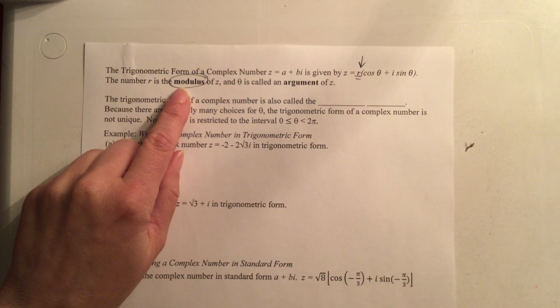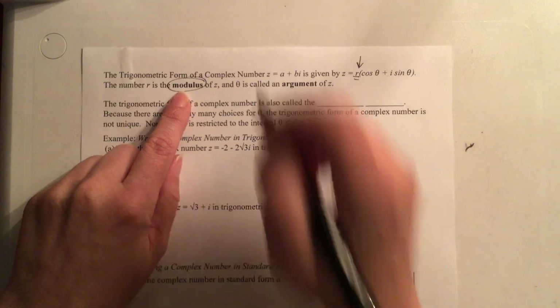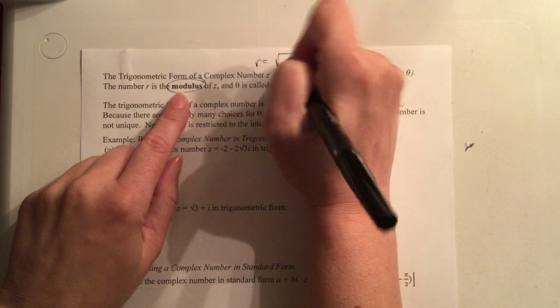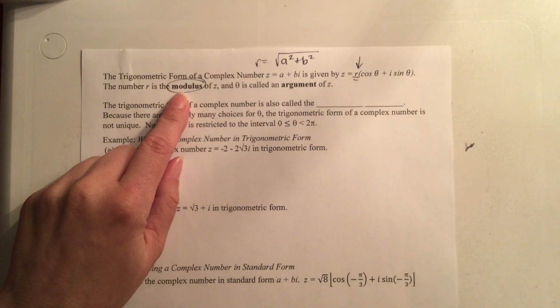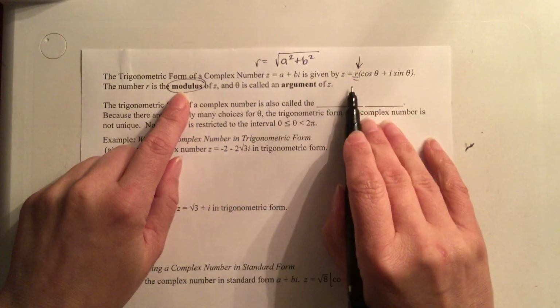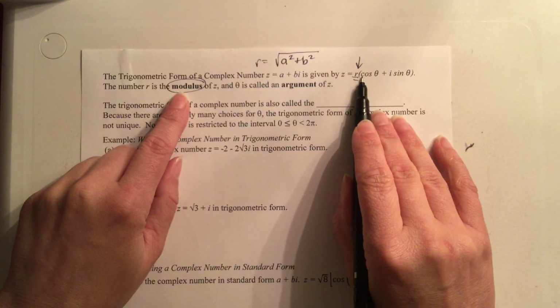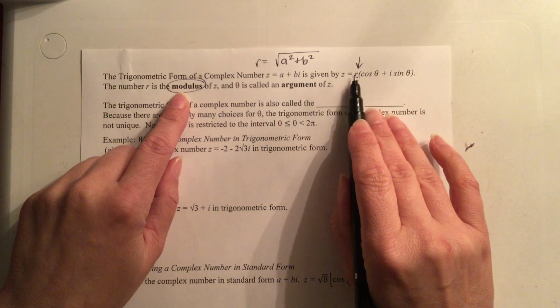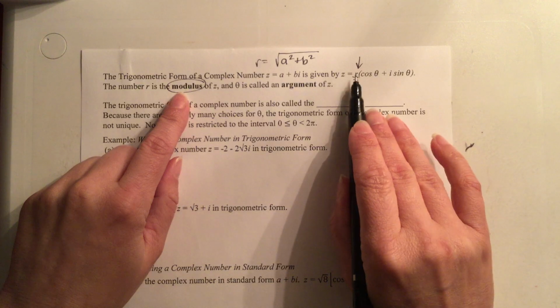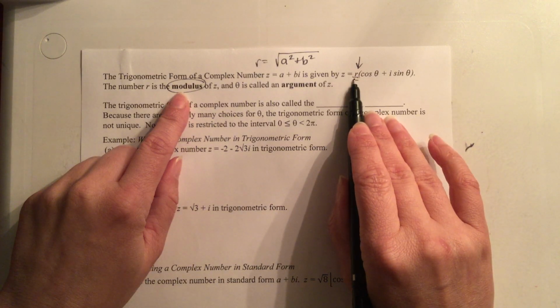Now they're calling it the modulus. So r is still the same thing: the real value squared plus the imaginary value squared, you take the square root. That is the modulus. Because it was going to both the cosine and the sine, they're saying, save yourself some time and just write it out front of both of them. So it's like you're dividing out the greatest common factor.